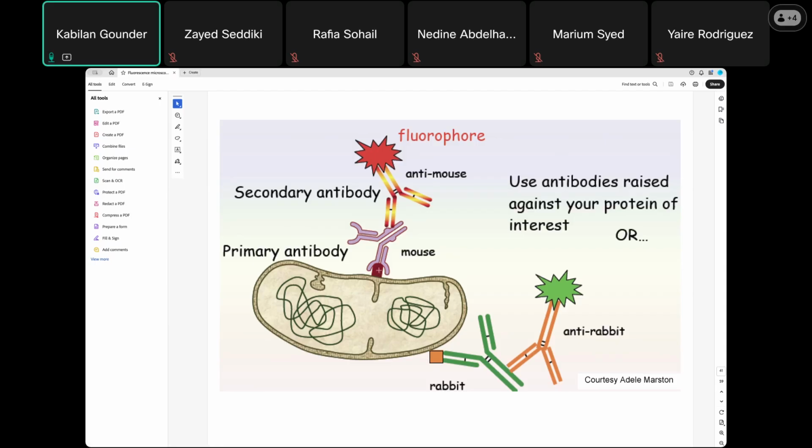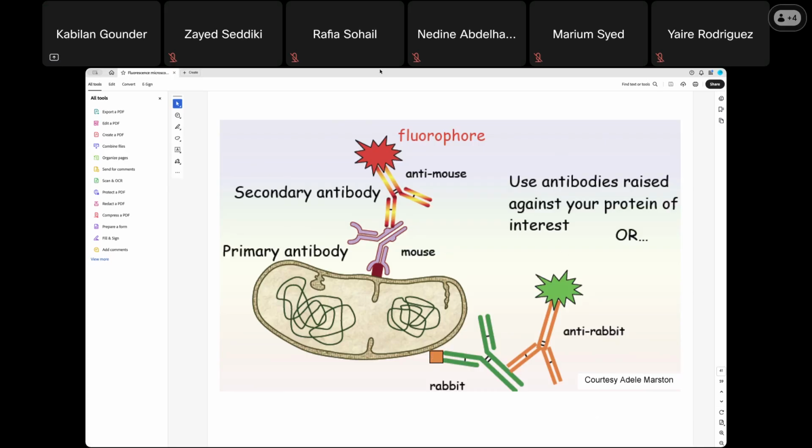That is your target protein here. Then to detect this primary antibody, you have a secondary antibody that is conjugated with the fluorophore. Again, the primary antibody binds the target protein, and the secondary antibody is conjugated with the fluorophore.